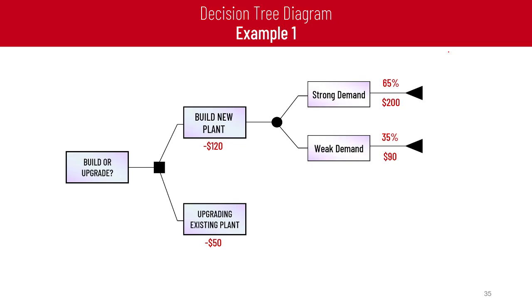If we calculate the expected monetary value at this chance node, it equals 0.65 multiplied by 200 plus 0.35 multiplied by 90, which equals 161.5 million. This is the expected monetary value.